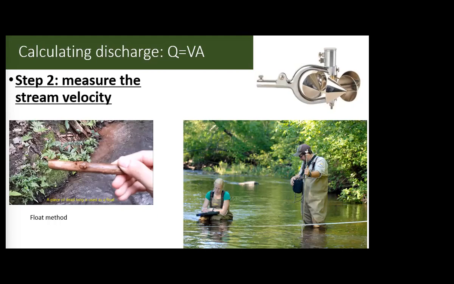You're going to take a velocity measurement, and it's going to spin based on how much water is moving past it. So it's much like the speedometer on your car. It's going to give you an output for velocity. So you're going to do that on each different stage along the river channel. You're going to average that out, and that's going to give you a more accurate velocity for the stream.